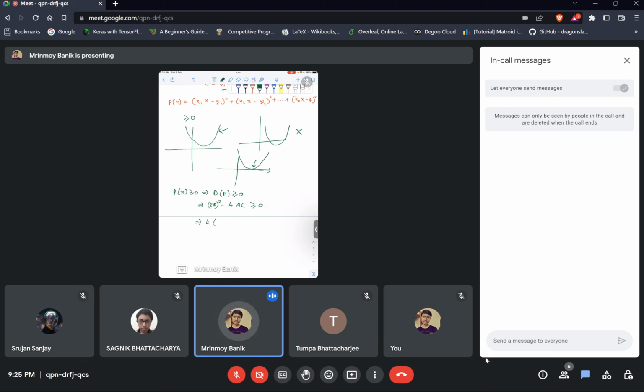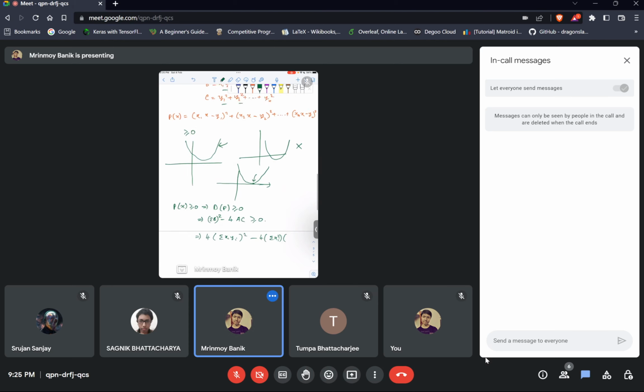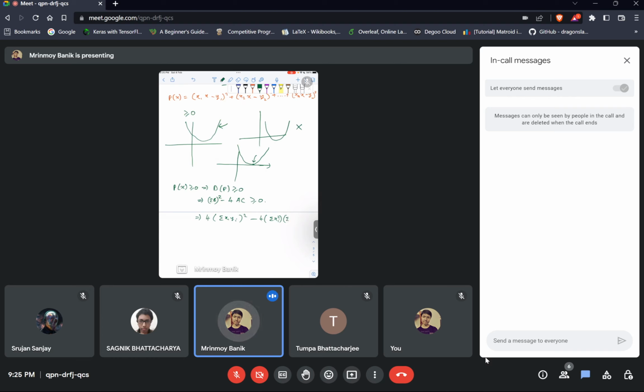That implies 4 times the sum over xi yi, squared, minus 4 times the sum over xi squared, and c is the sum over yi squared, is greater than or equal to 0.